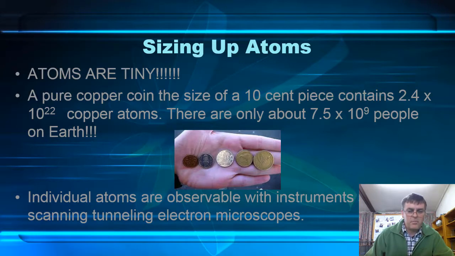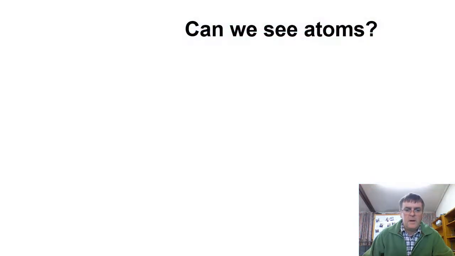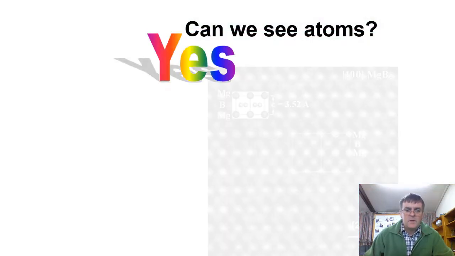We've now created special electron type microscopes that can see it. Scanning tunneling electron microscope involves using a very pointy needle-like device that has a charge on it that can detect the charge on individual atoms, and it scans it and it can create an image, and we can see them.